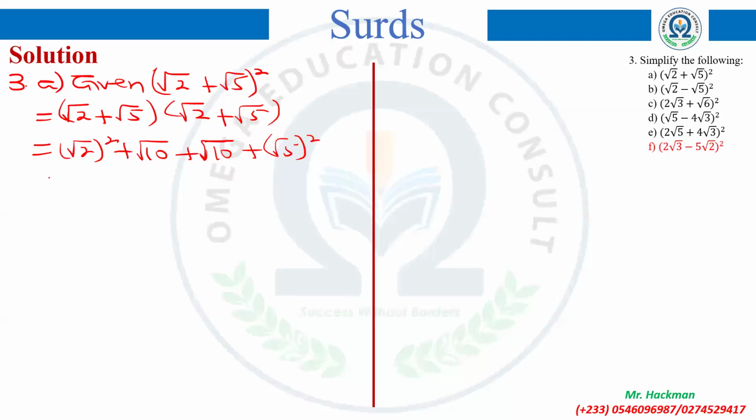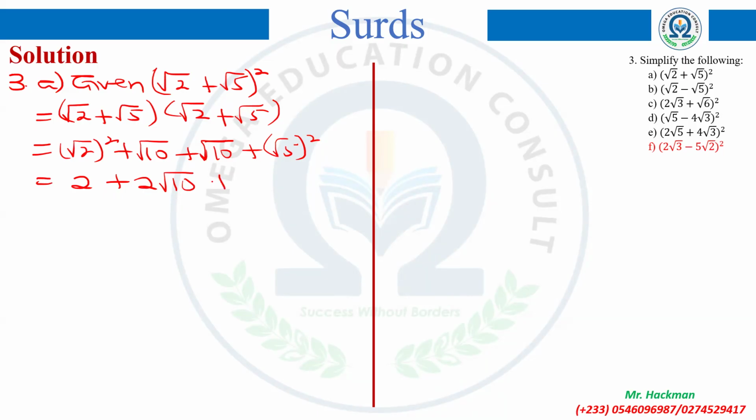Now you come and deal with this one. Root of 2 squared is 2. You know these two are like terms. Daphne, can you see that now? Yes. So instead of writing it again and later combining, I can combine now to reduce my effort. So this will give us 2 roots of 10. Do you agree? Because the coefficient here is 1, so it's 1 plus 1 root of 10, so 2 roots of 10.